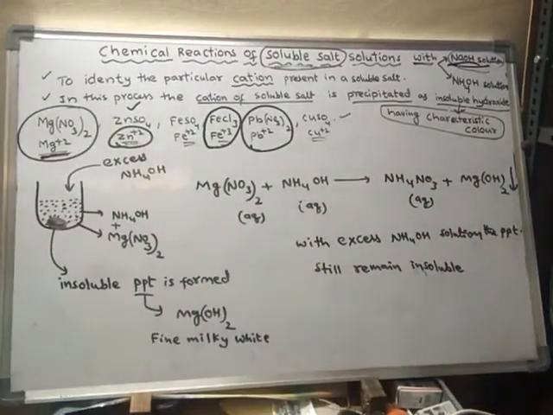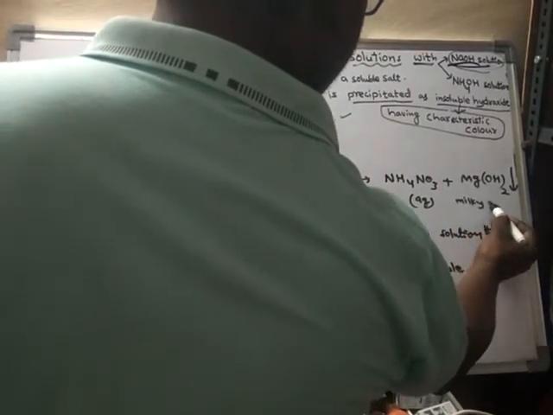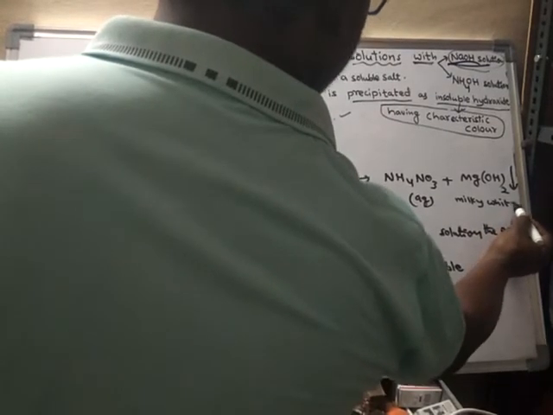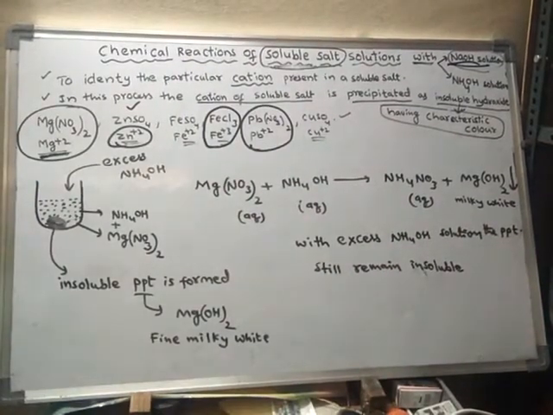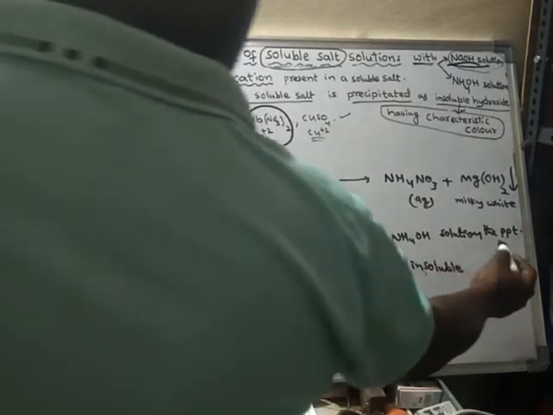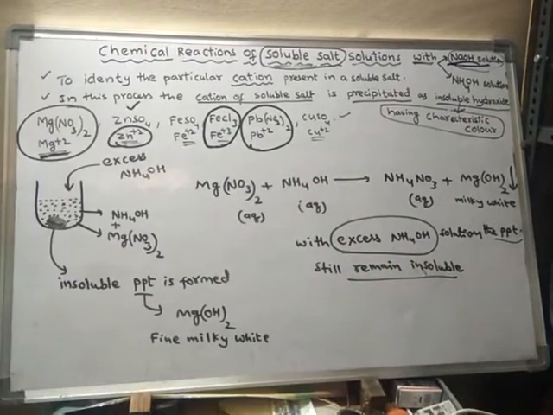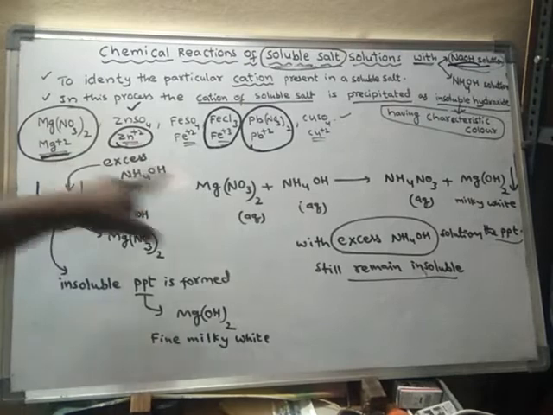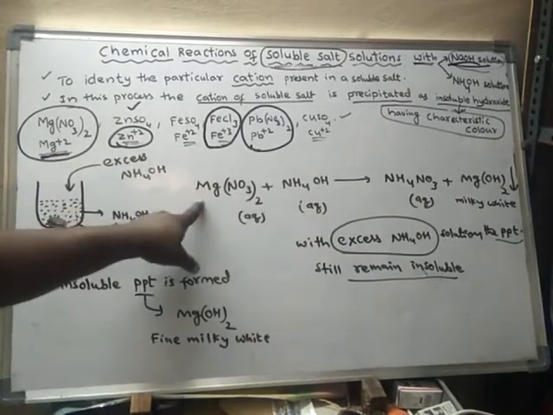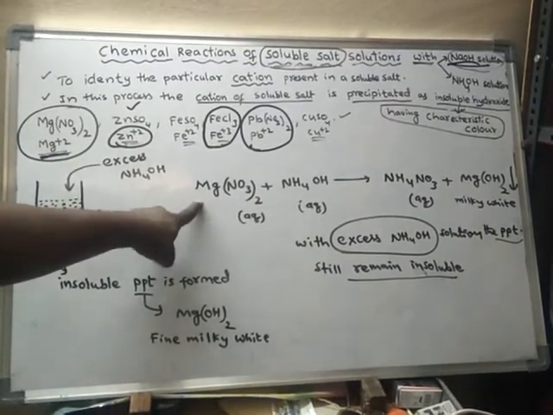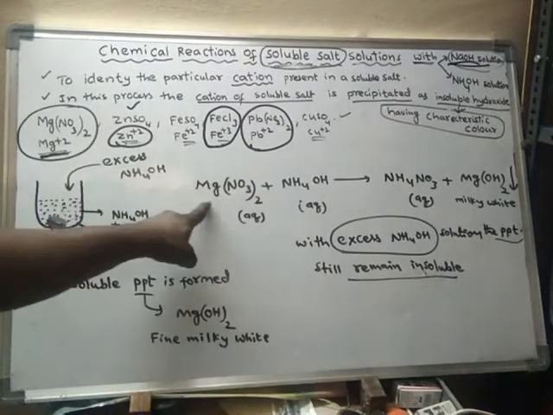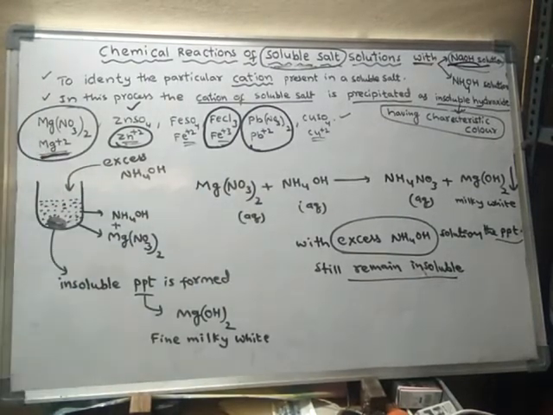So from this it is understood that the precipitate formed is fine milky white precipitate, and that precipitate still remains insoluble in excess amount of ammonium hydroxide. Hence we can easily come to an understanding that the given salt is nothing but magnesium salt, and the cation present in this salt will be Mg2+.